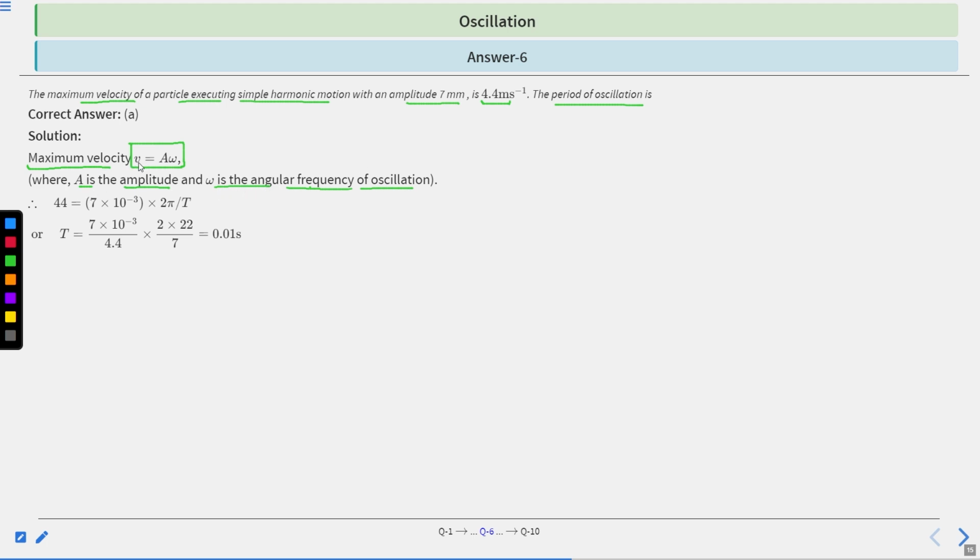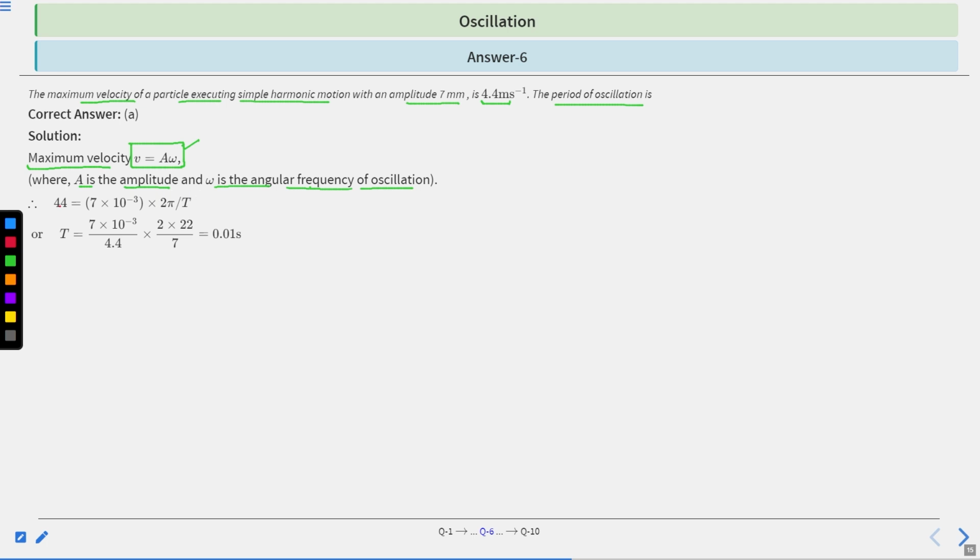So we put the numeric values in this equation. V is 4.4 meter per second. So 4.4 meter per second equal to 7 into 10 raised to the power minus 3 into 2 pi divided by t.